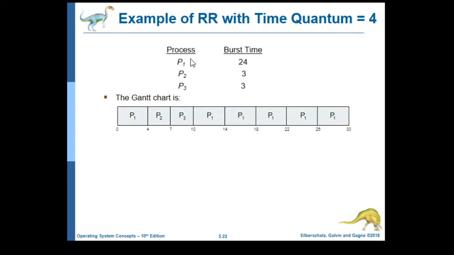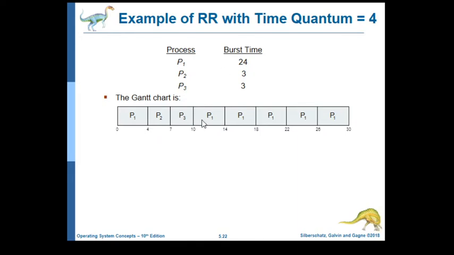The arrival time for each of these processes is 0. Thus we start with process P1. After this process has exceeded the time quantum, the timer will interrupt and preempt this process. So it will release the CPU to the next process, which is P2. Since the CPU burst time of P2 is less than the time quantum, it will release the CPU voluntarily.